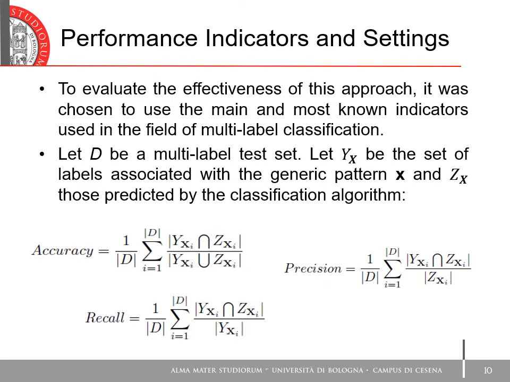The main and most known indicators in the field of multi-label classification are used, such as accuracy, precision, and recall. They compare in different ways the actual labels and those returned by the classifier. Thanks to their values, it is possible to evaluate the performance of our proposal.